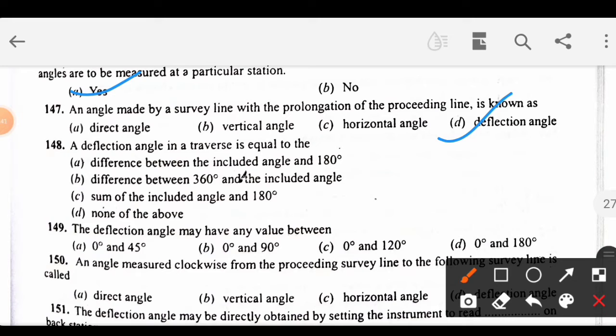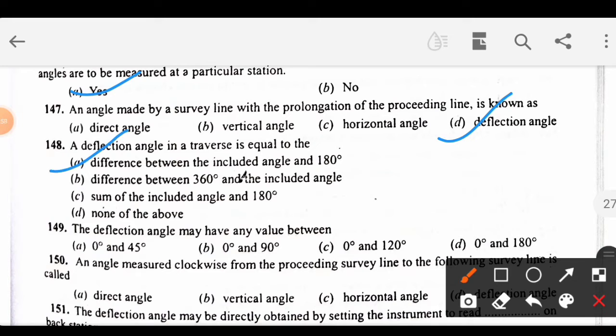A deflection angle in a traverse is equal to the difference between the included angle and 180 degree.